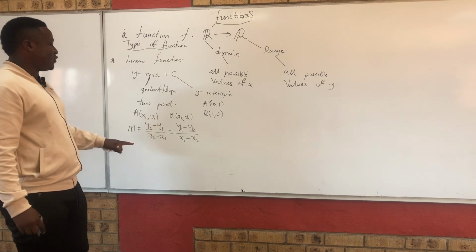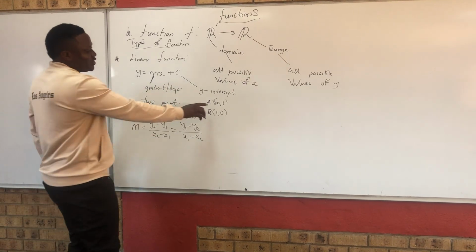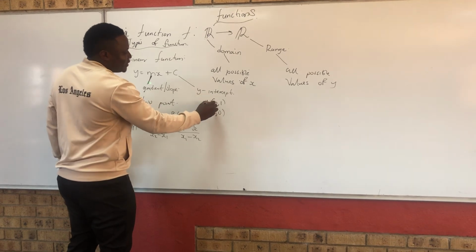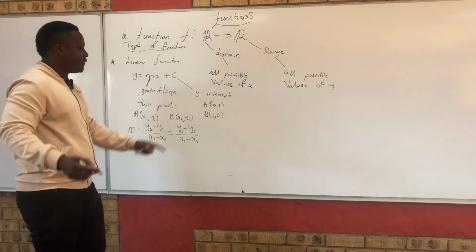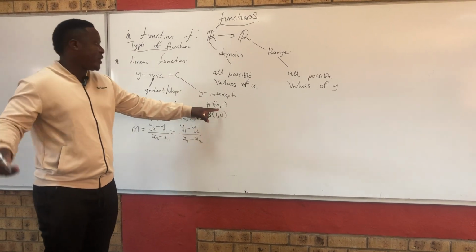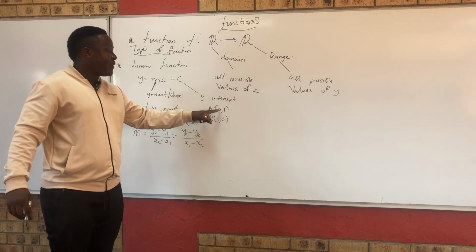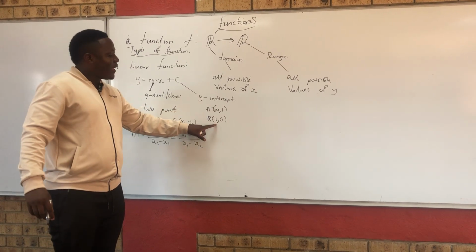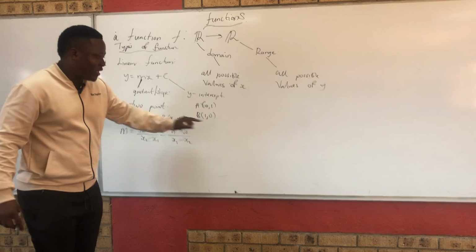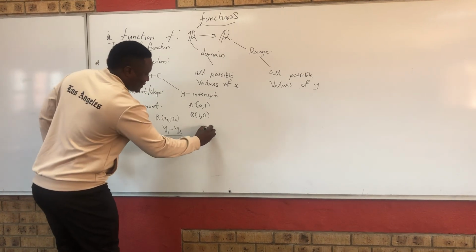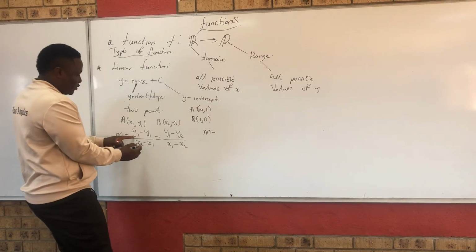The first thing that we need to do is to find the gradient, and this is the formula. If you name A as point 1, the x coordinate of A, which is 0, is your x1, and y1, and then x2 and y2.